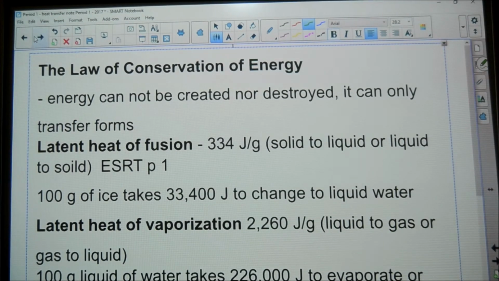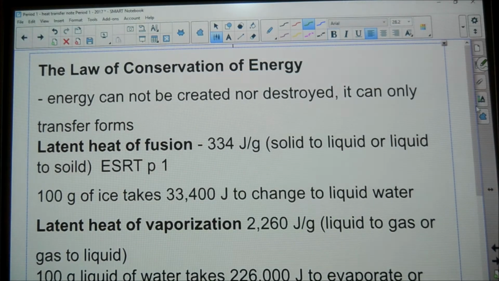Latent heat of vaporization is the same concept as latent heat of fusion. This one I'm going from a liquid to a gas or a gas to a liquid. Notice it takes a lot more energy to go from a liquid to a gas or a gas to a liquid. This one is 2,260 joules for every gram. Same concept.